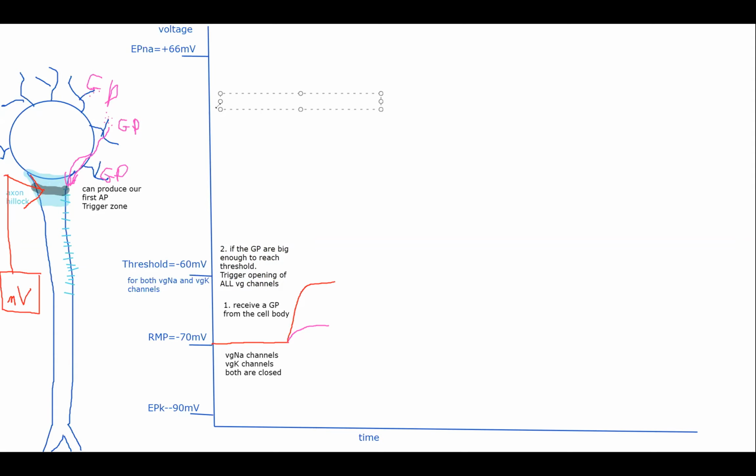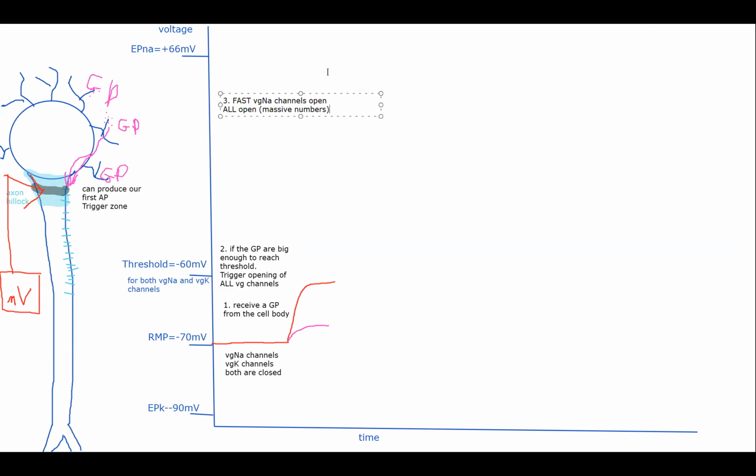Not calcium. There are no calcium. We've got voltage-gated sodium and voltage-gated potassium. Sodium, absolutely. So what happens first is those fast voltage-gated sodium channels open. And remember, not just this, but all open. And remember, we have massive amounts.